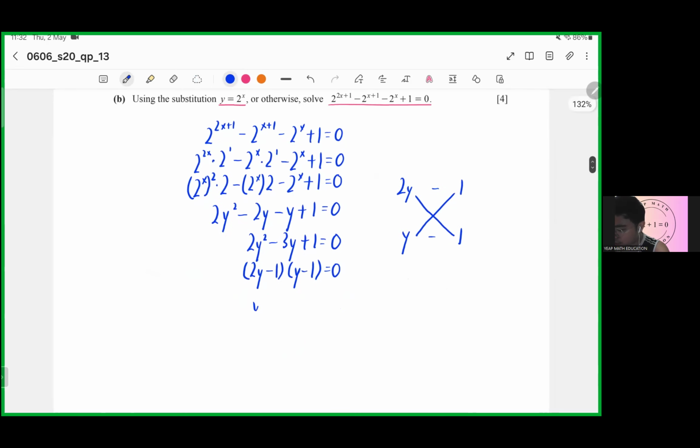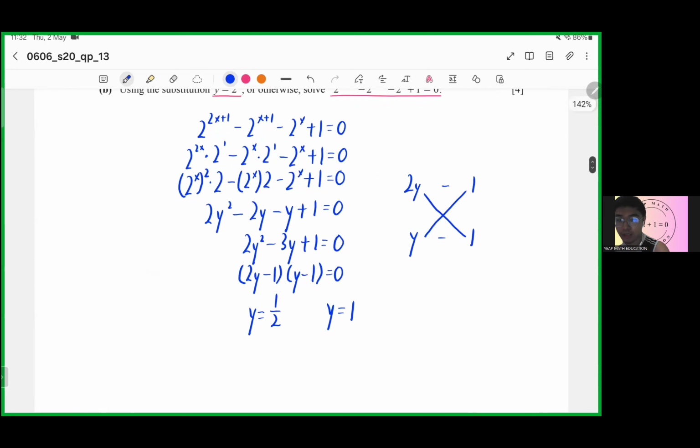After that, we get the answer y equals 1/2 and y equals 1. And this is not finished. We need to put 2^x equals 2^(-1) and 2^x equals 2^0. So we get the answer x equals negative 1 and x equals 0.